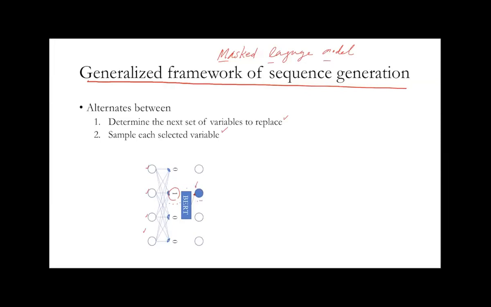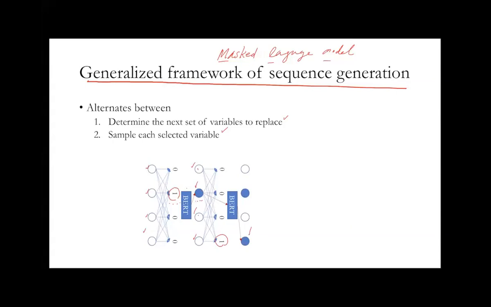Now, given the second word filled in, so this is empty, empty, empty, but the second word, we know what the word should be. We're going to again decide which next word should be filled in, and this time it is the fourth word. And then given that the fourth word needs to be filled in, and the empty, filled in, empty, empty sequence, BERT is now going to fill in the fourth word.